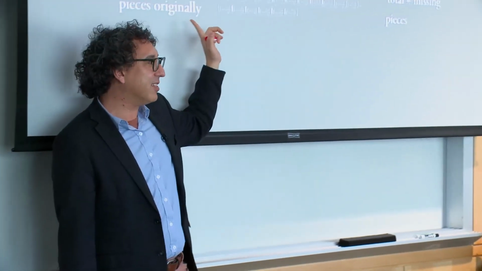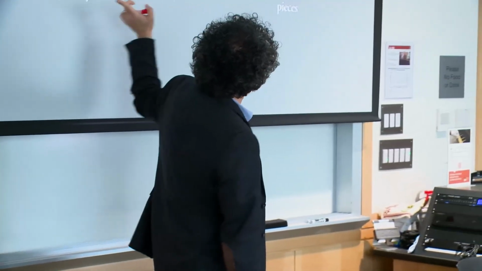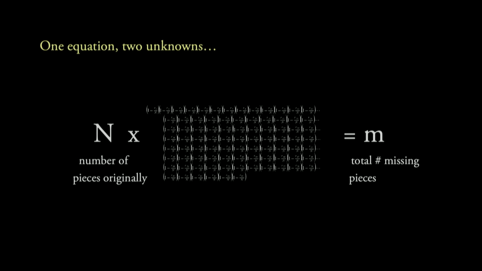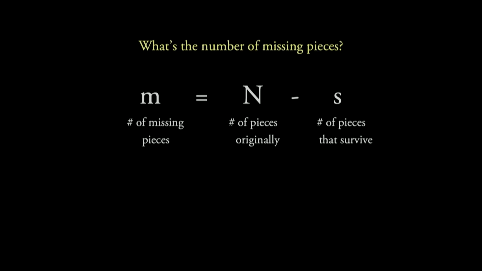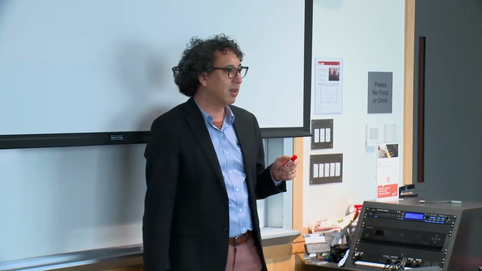So now we've at least reduced our main equation to 2 unknowns. So we're getting a little bit better. Then he thought, well, how many pieces were missing? Well, the number of pieces that were missing is the number of pieces there originally were minus the number of pieces that survive.